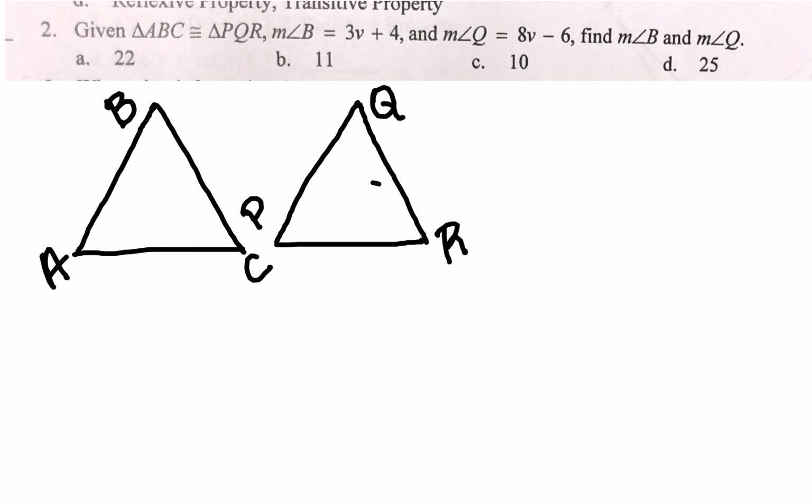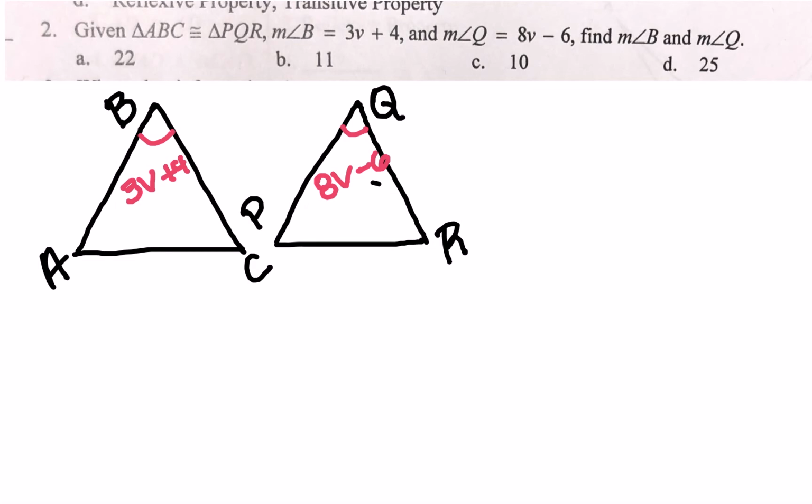I just have to plug in my angles. So let me say that angle B is 3v plus 4, and angle Q is 8v minus 6.